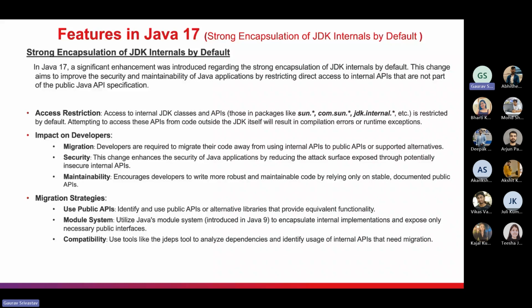In Java 17, we basically prevent the use of this kind of package, like sun or com.sun. Though these internal APIs could change or be removed without warning, causing the application to break.